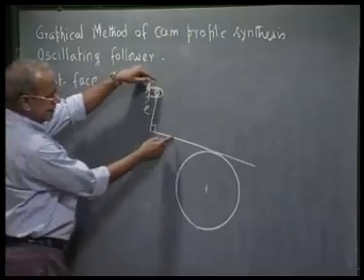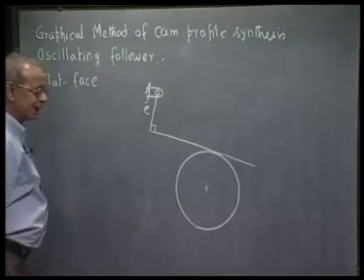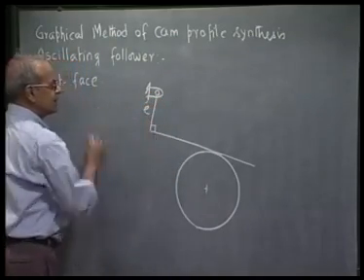As we see, as this thing rotates, this is one rigid body, this angle always remains 90 degree, which means the flat face is always perpendicular to this line.